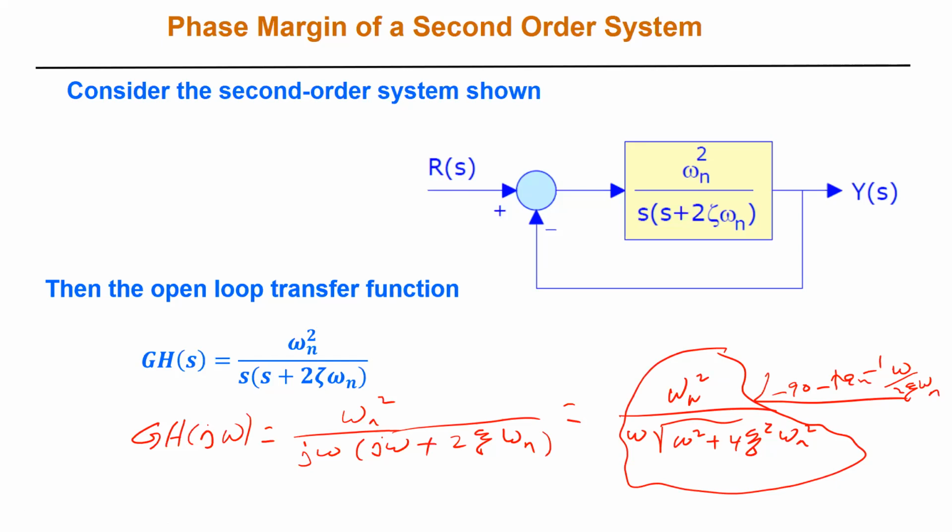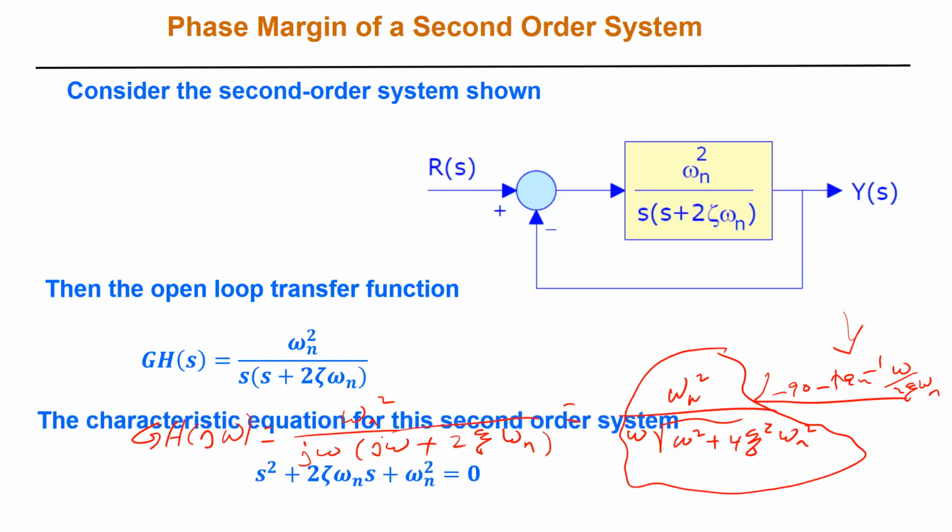That will give us the gain crossover frequency. We use the gain crossover frequency to substitute in the phase, and that will give you the phase at the gain crossover frequency, which you subtracted from 180, or you added to 180.